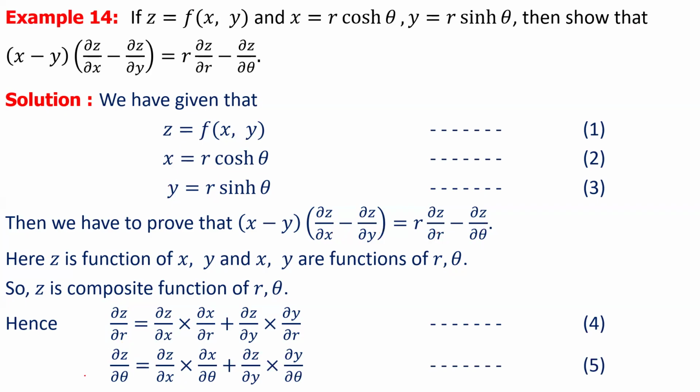Using the composite function, we are able to find the partial derivatives of z with respect to r and theta. Since x and y are functions of r and theta, we are able to calculate del x del r, del y del r, del x del theta, and del y del theta by using the values of x and y, which are functions of r and theta.